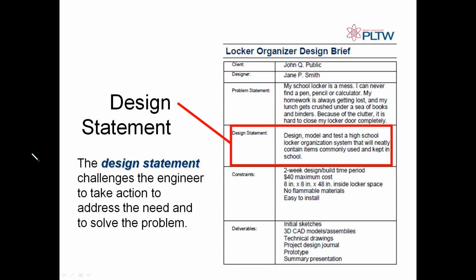the next part, the design statement, is what the engineer or the designer is going to do in order to address the problem. So it's their action. So what we want to do is we want to make this design statement simple. We don't want to give any real details.